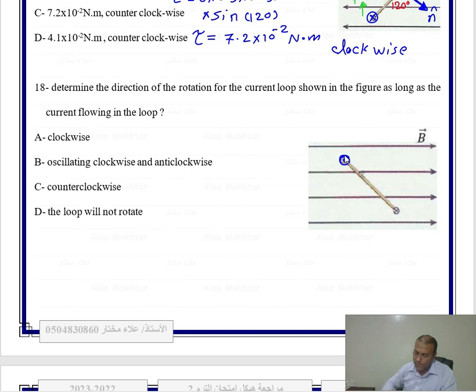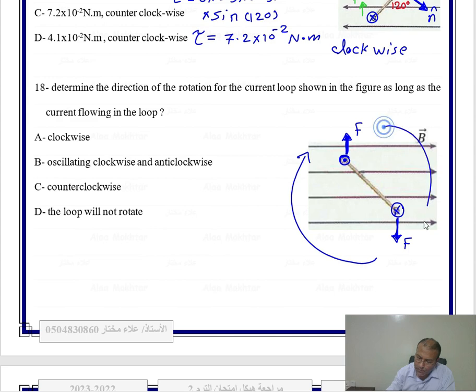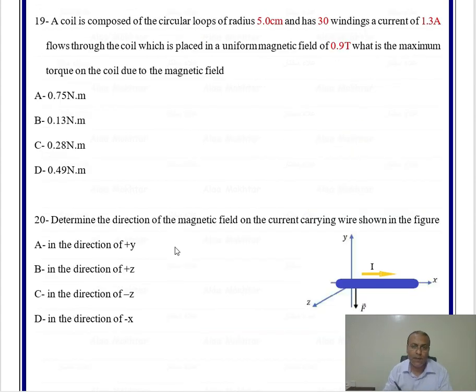Palm up, the force is up. Another point into the screen, my finger to the right, palm down, it means force down. Up, down, it makes it rotate clockwise also.